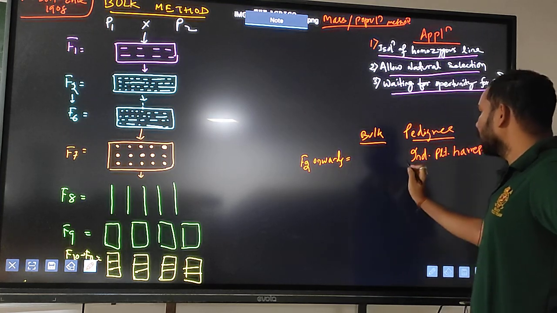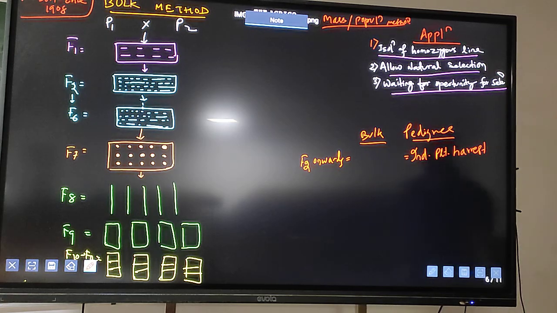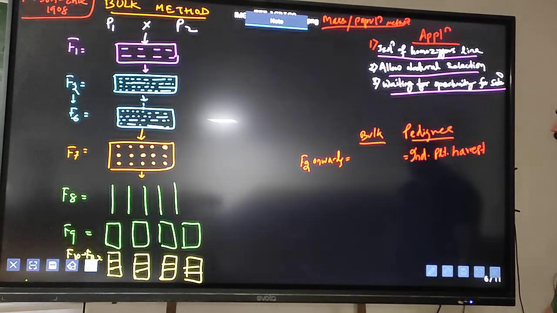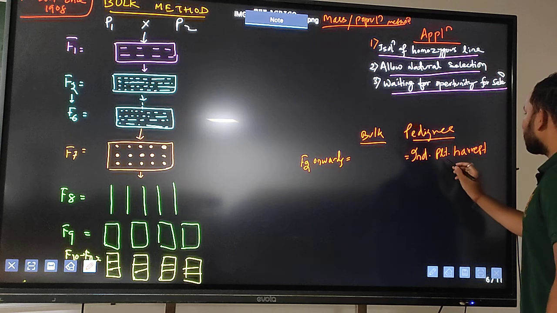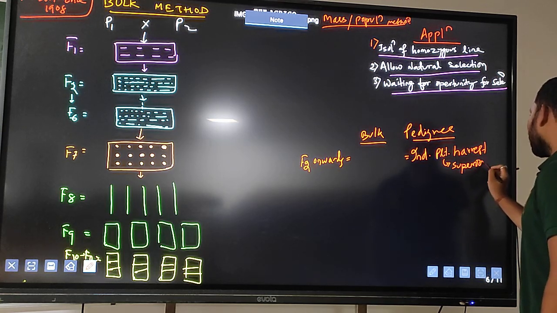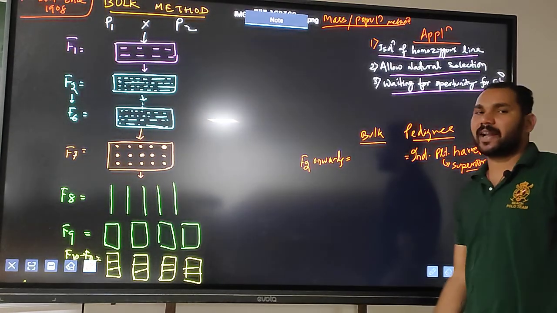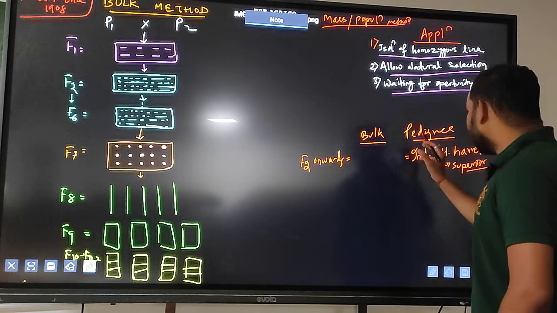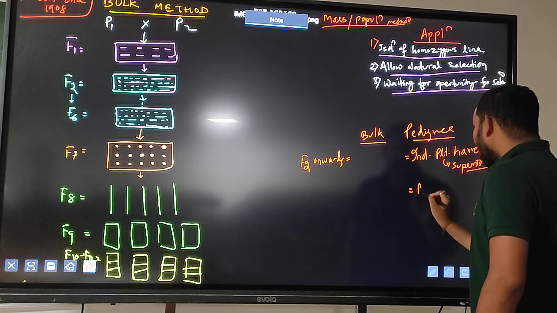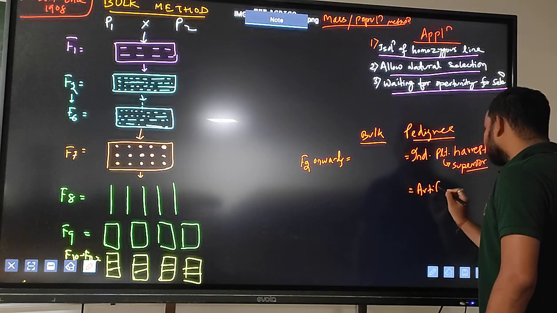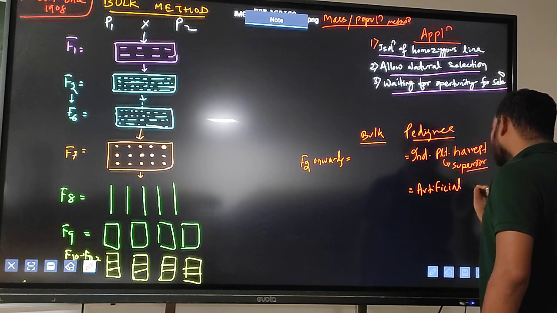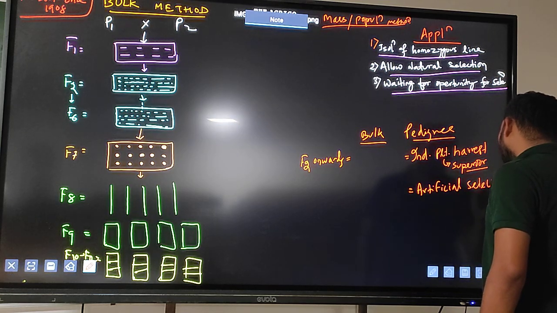This individual plant harvest is based on superior plants. I have already told, if the plants are superior, then go for the individual plant harvest. That means this is known as artificial selection.